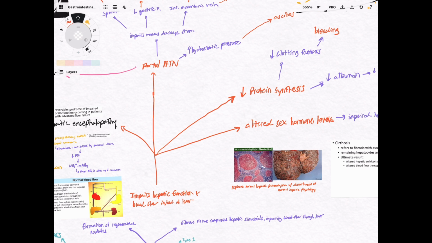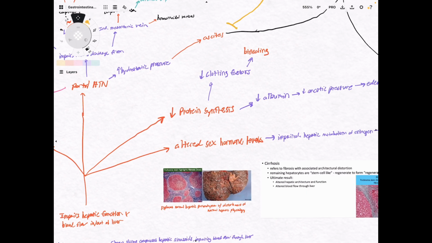One is decreased protein synthesis. So what happens with cirrhosis is, again, one of the liver's main jobs is to synthesize proteins such as albumin and clotting factors. So you've got factor 7, vitamin K, etc. If you can't synthesize the clotting factors, you're going to have increased bleeding.